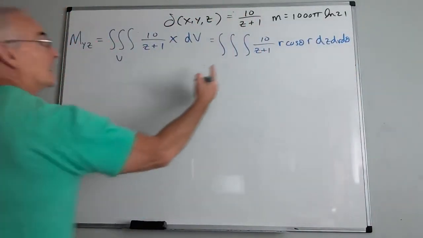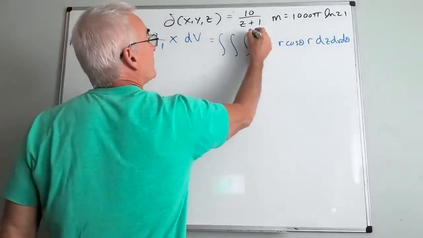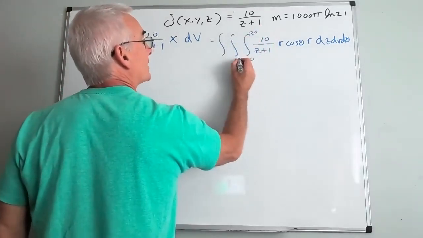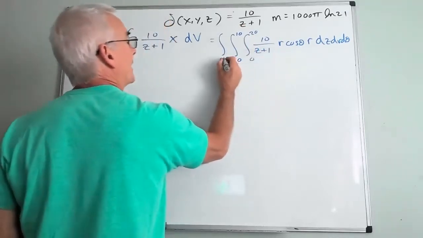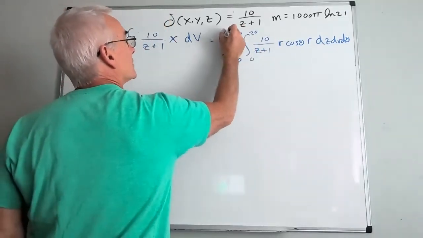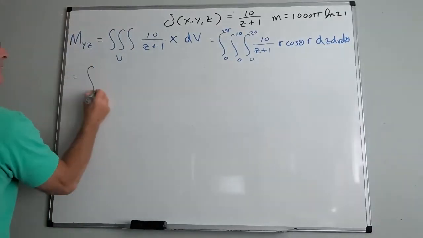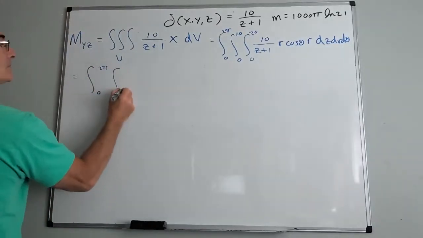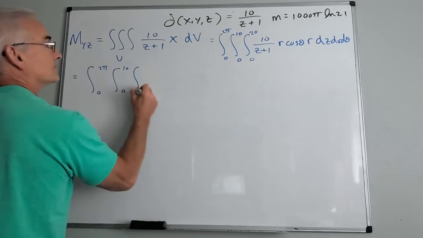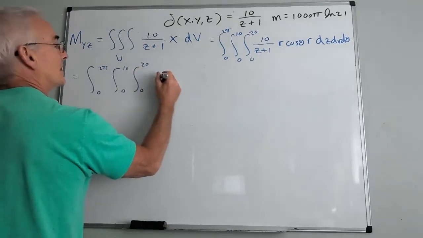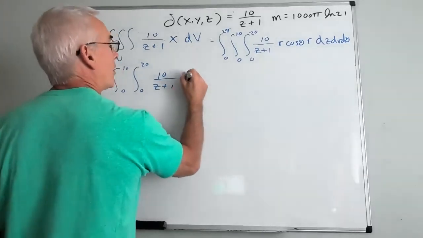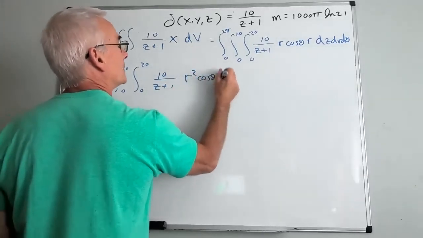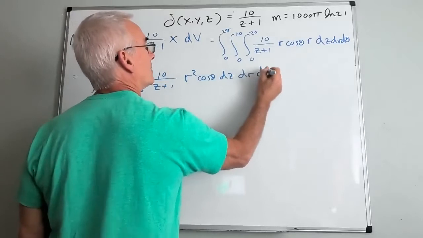By the way, all of my limits should be exactly the same, because the only thing that's going to change is my integrand, not my limits. So let's rewrite that because we have an r squared now. So let me write it this way: 10 over z plus 1, r squared cos theta, dz dr d theta.